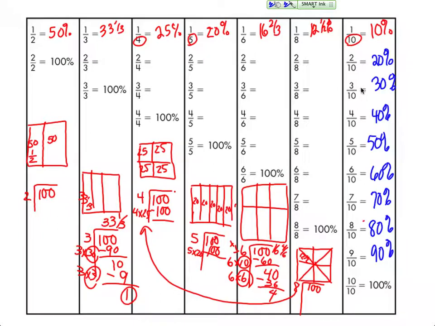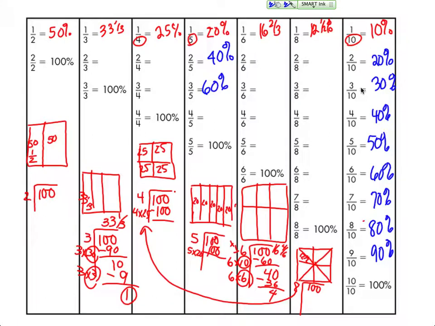Okay? Now, the other one that we're going to look at today is the fifths, because tenths and fifths are related. Okay? If you look at fifths, you get more per part. So if 1/5 is 20%, 2/5 would be that doubled, right? Which would be what? 40%. And 3/5 would be, Gage? 60%.